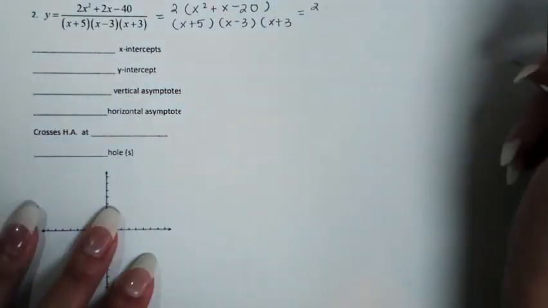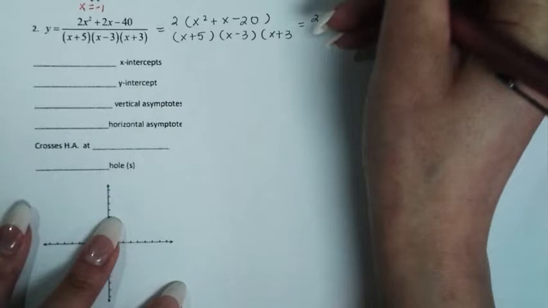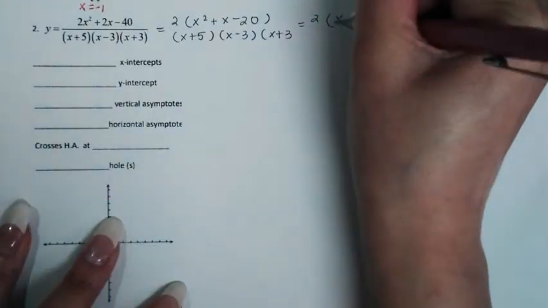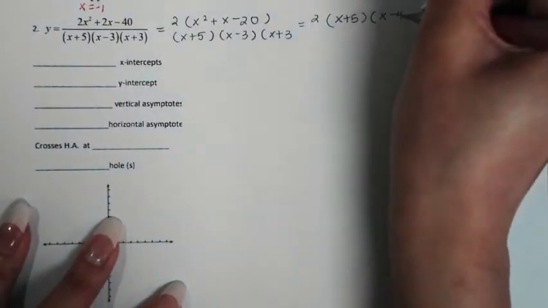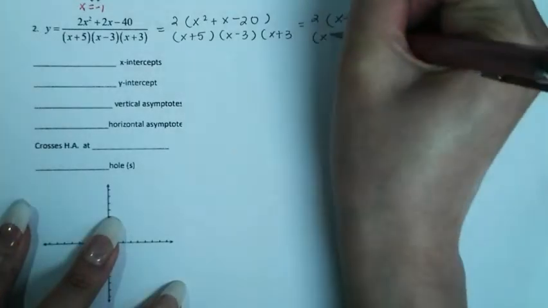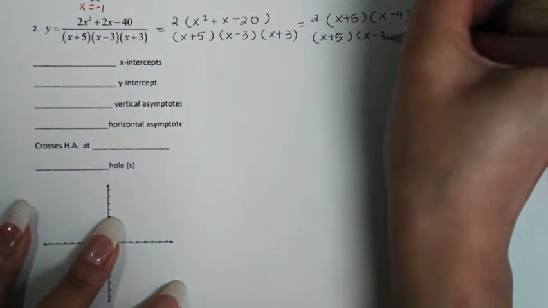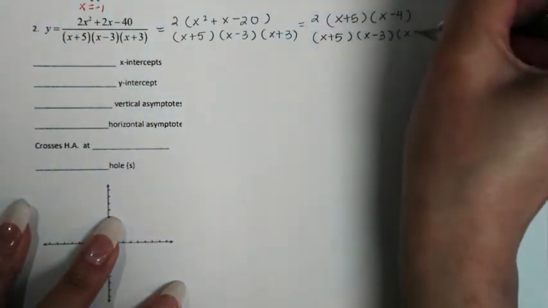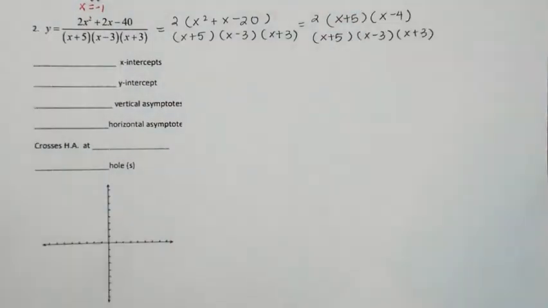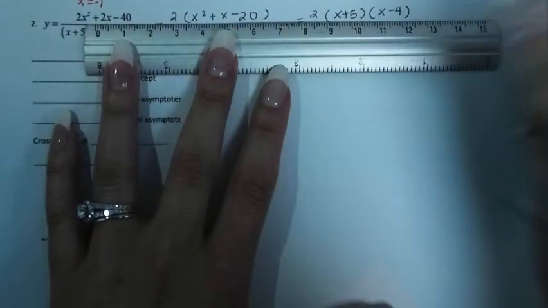Okay, so I would obviously factor it as x plus 5, okay, x minus 4, okay, and then you have here your denominator that I forgot the, okay, plus 3.